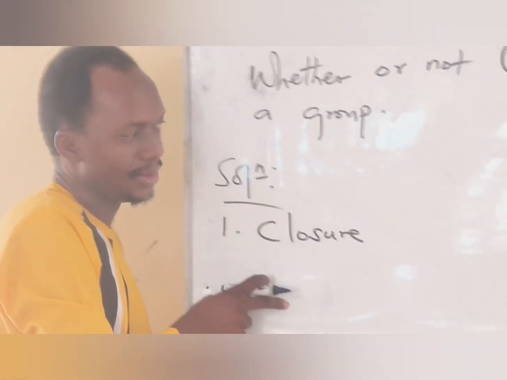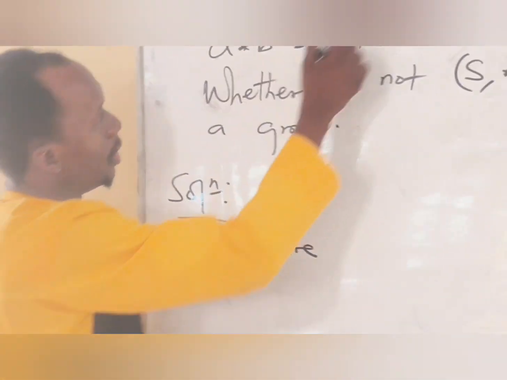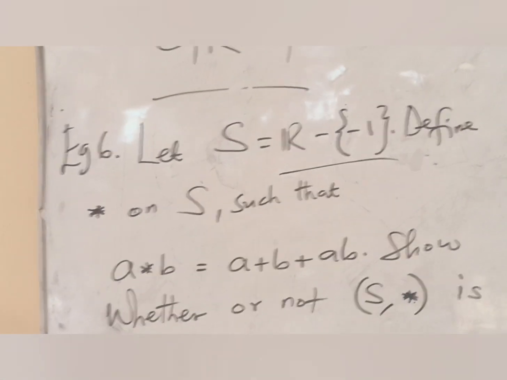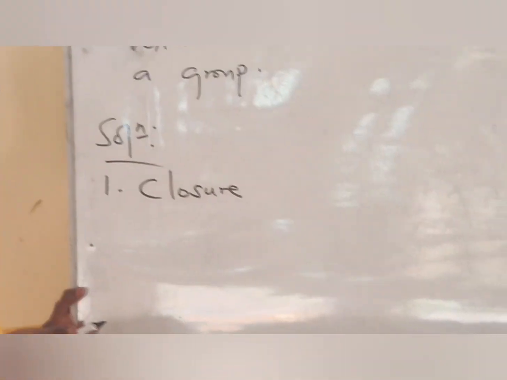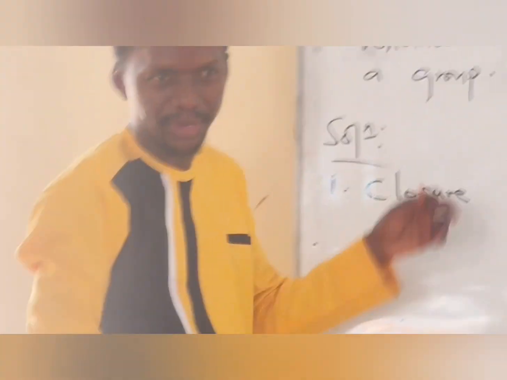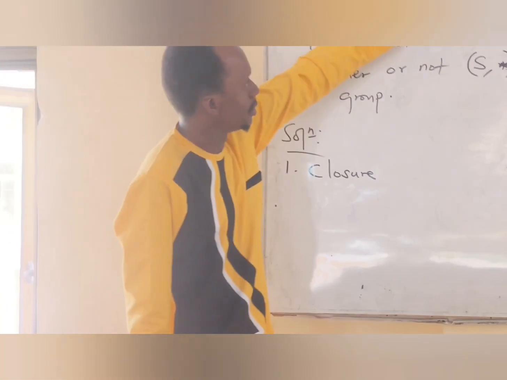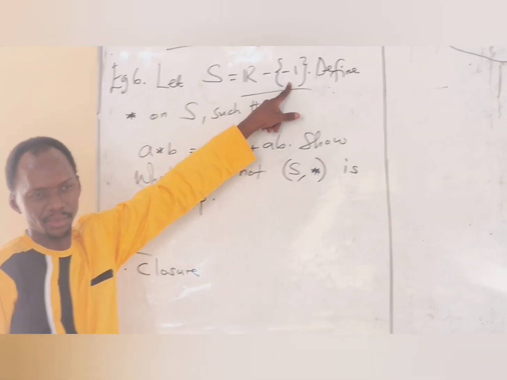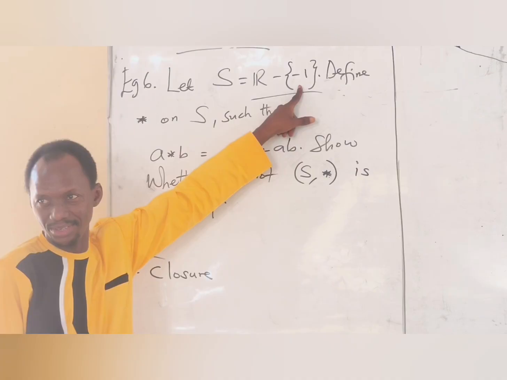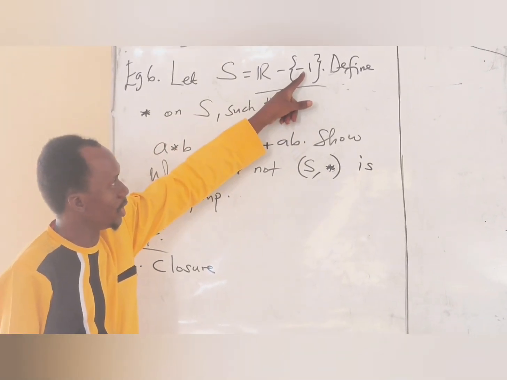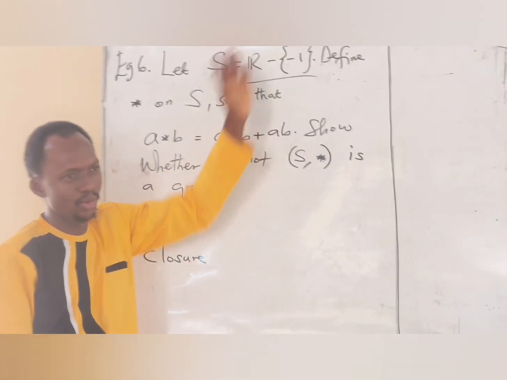Now, what is our binary operation? Who can tell us the meaning of this? The set of real numbers excluding negative one. You see the meaning of the set? The set of real numbers minus this, excluding this one. Negative one is also a real number, but they say don't include it.